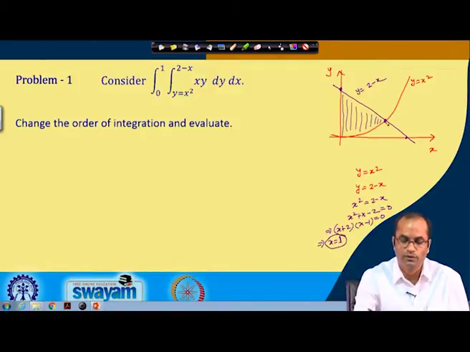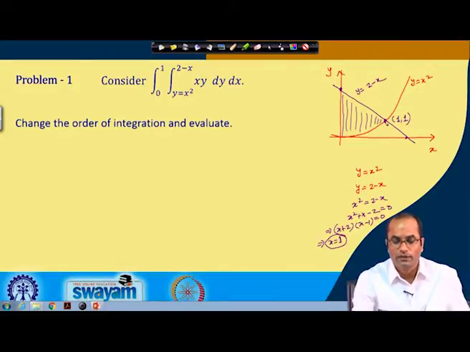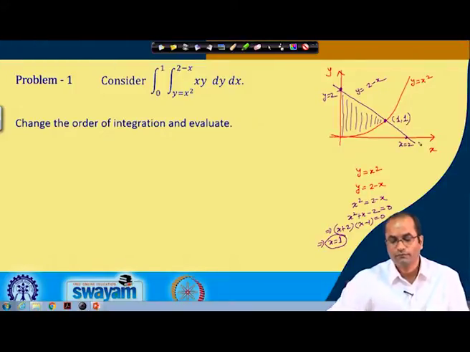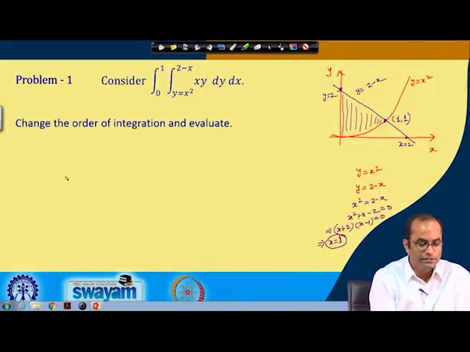So, x is equal to 1 and y will be also 1. So, this point of intersection here is (1, 1), and at this point the value of y is 2. And here x will be 2 and y is 0. So, we have all the coordinates, we can change the order now.